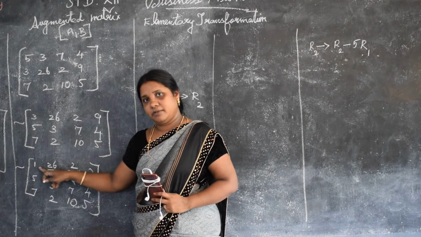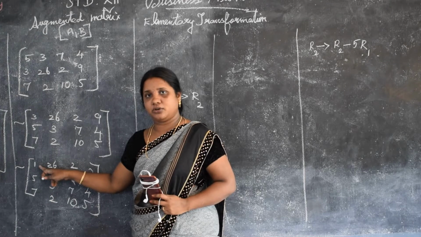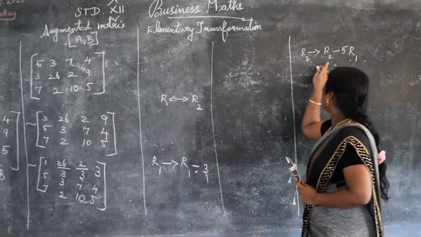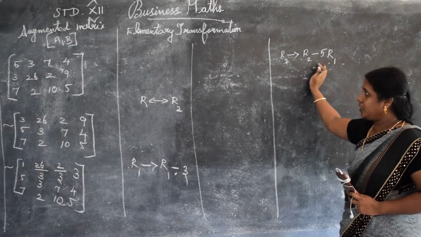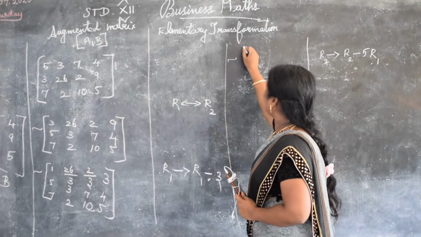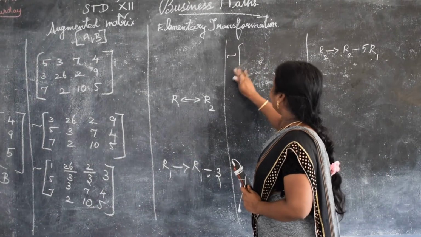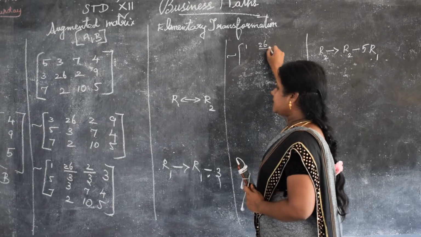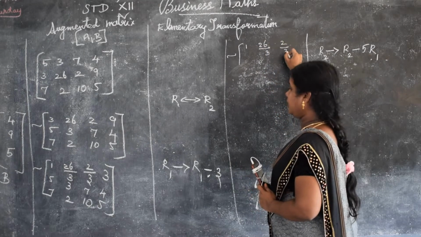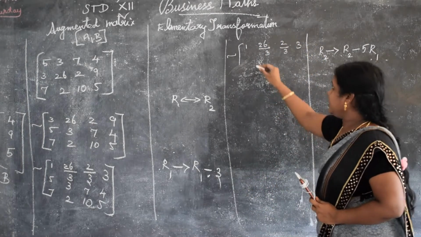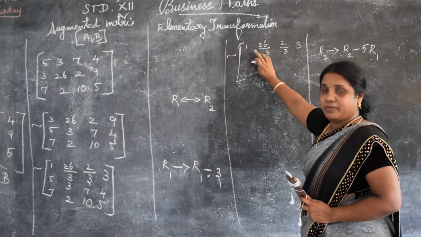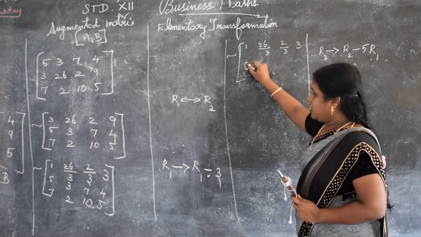If I multiply by 5, I will get 5 minus 5, 0. So I am writing R2 is R2 minus 5R1. So this is equivalent to: first row as it is, 1, 26 by 3, 2 by 3, 3. R2, now you see here, multiply by 5, 5 minus 5 becomes 0.